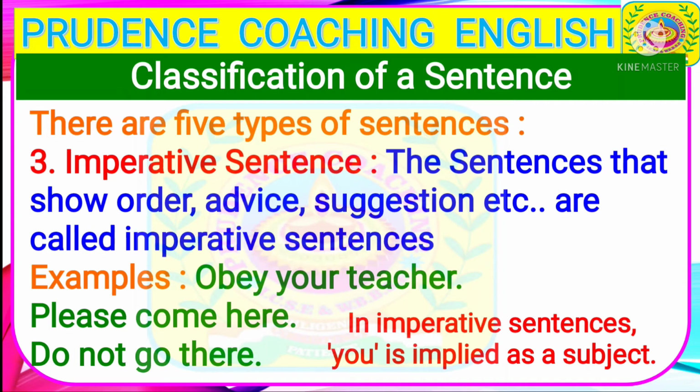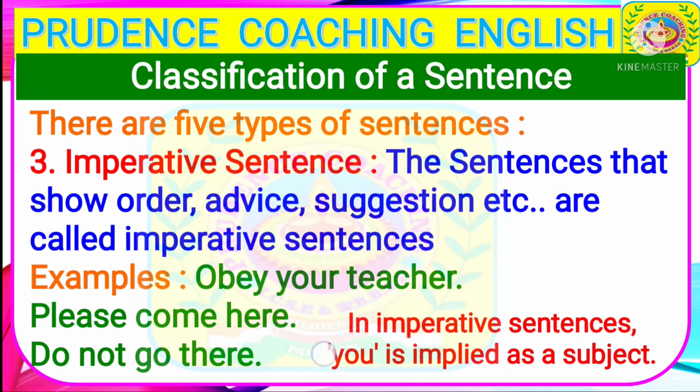Let us know more about imperative sentences with some examples. Obey your teachers. So here some advice is being given that we should obey our teachers. Next, please come here is a request. We are requesting someone to come here. Do not go there. This is an order.